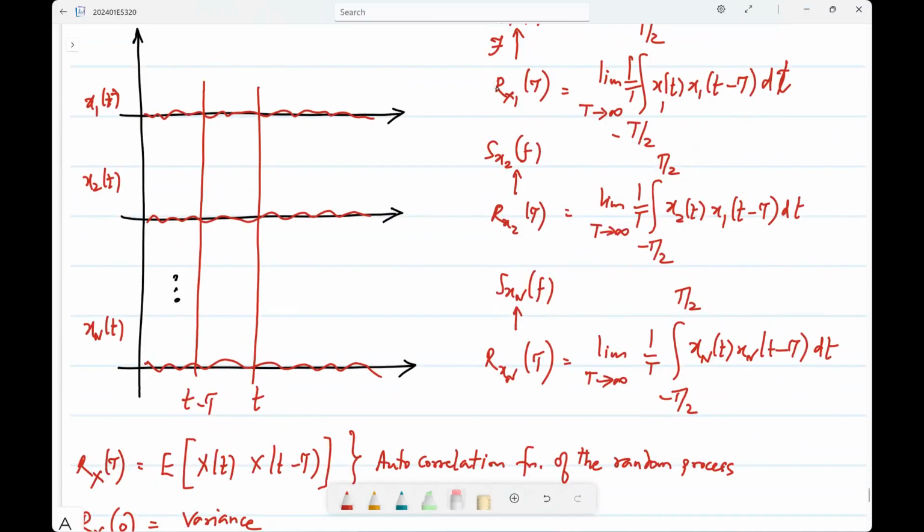Okay. And the Fourier transform of this is also called power spectral density. The reason is obvious because you get the same answer as if you calculate the power spectral density from the individual signals. Okay. So the bottom line is you can calculate the mean square value there. That will be the same as the variance and so on. So the variance at any time instant is the same as the mean square value of the individual signals. So the variance is the power.